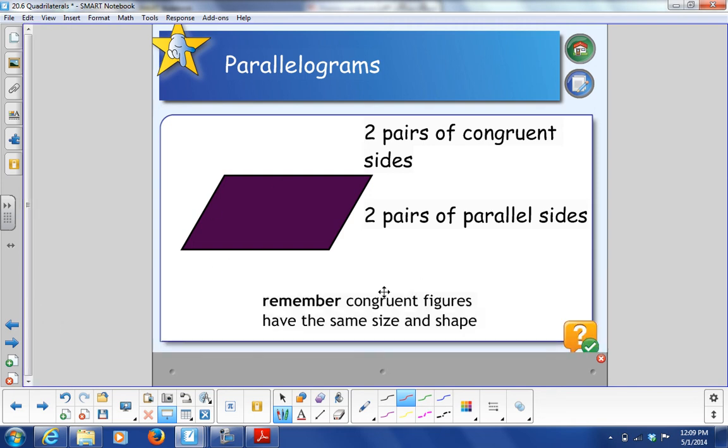Congruent figures have the same size and shape, and parallel means 2 lines that never intersect. So right here we have our pair of parallel sides, and then we've got the same size and shape with these 2 other lines.